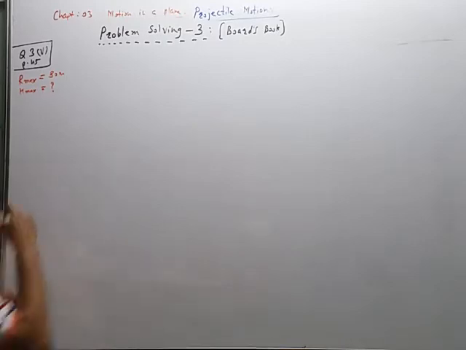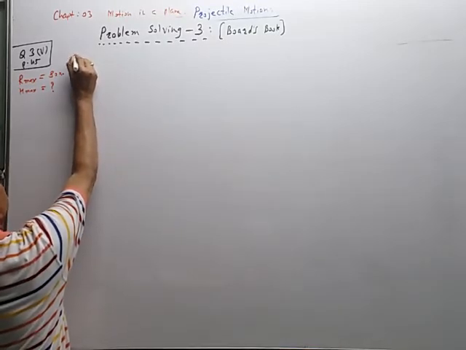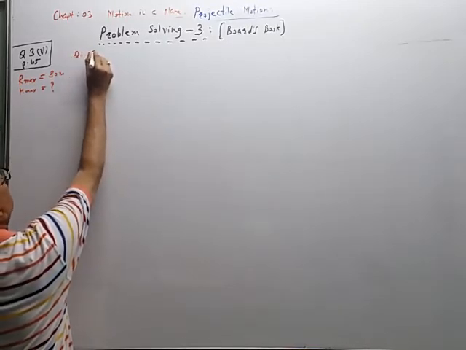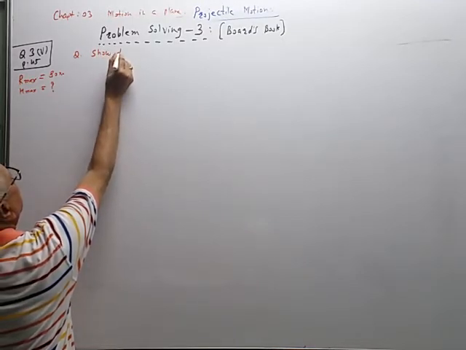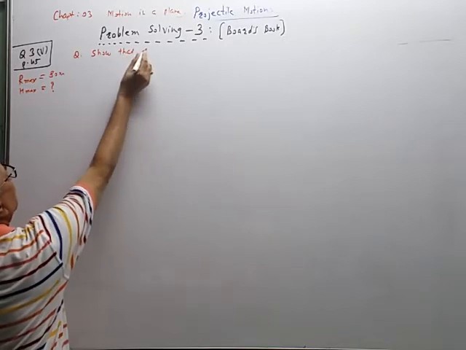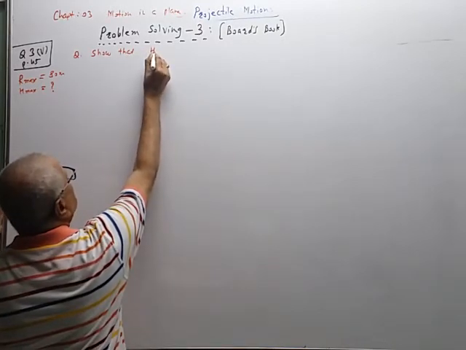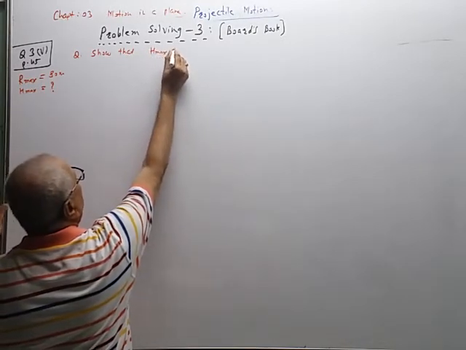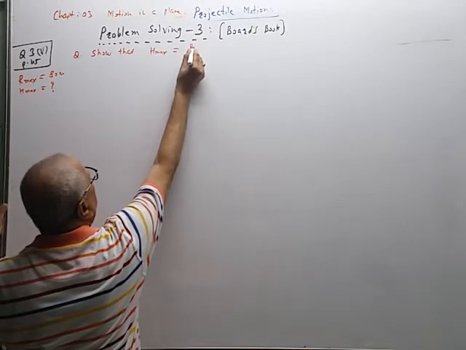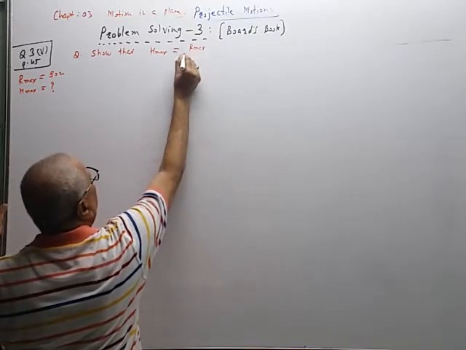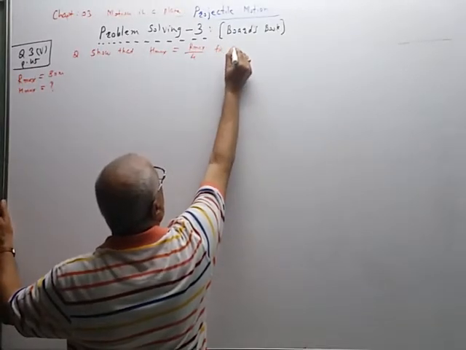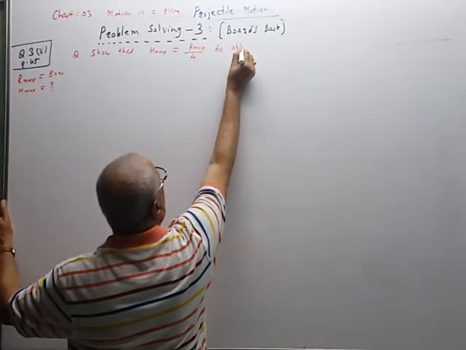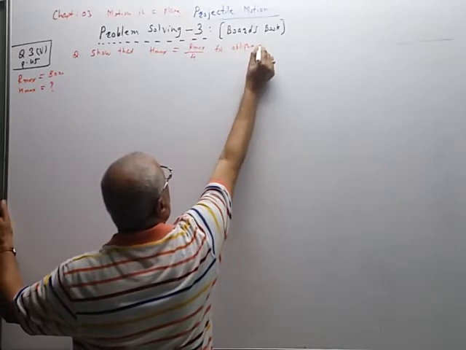So we will see this MCQ question. Show that H max is equal to R max by 4 for oblique projectile.